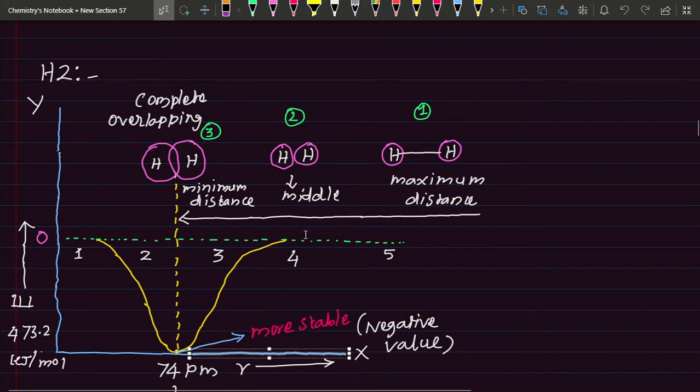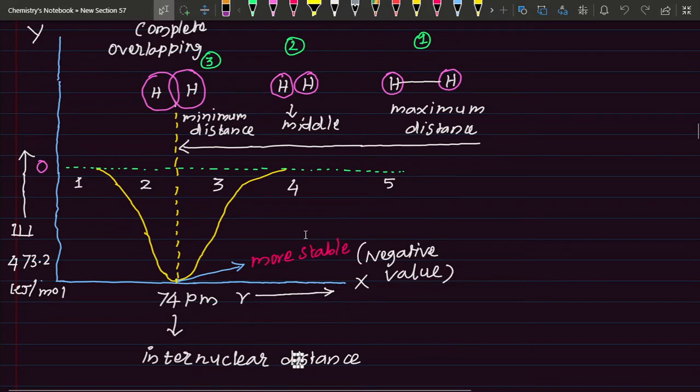See below, for this bond formation some amount of energy is involved. This energy is 473.2 kilojoule per mole, and here the energy is decreasing from bottom to top. When the two atoms form a bond at minimum distance, this distance is 74 picometer.